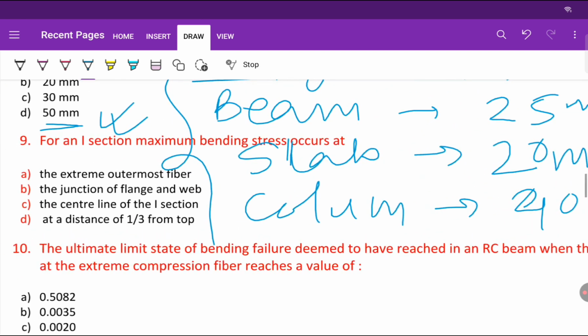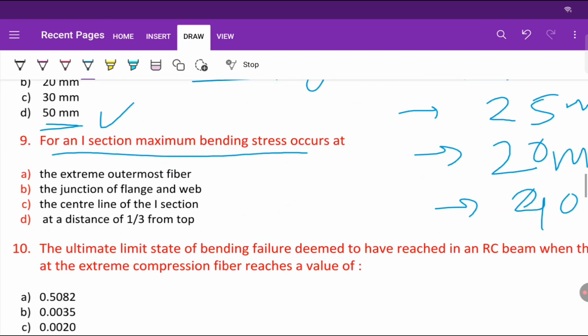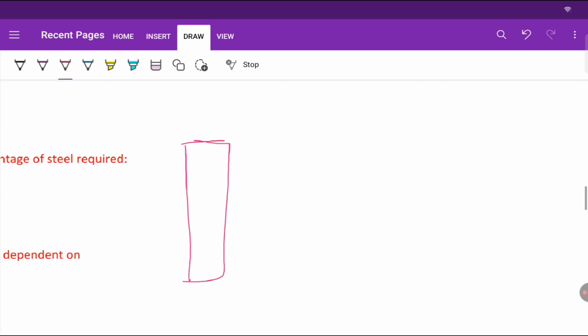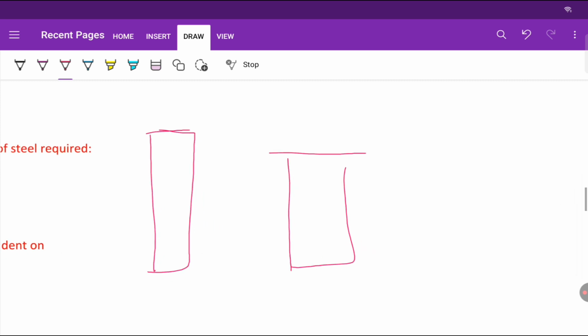Next question is, for an I section the maximum bending stress occurs at. So let us do an I section. Bending, it will bend this way, right?